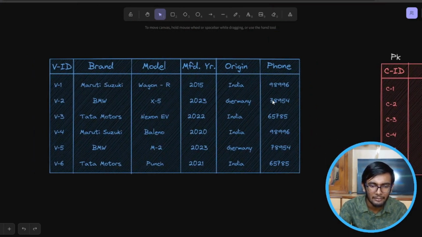If we say that Maruti Suzuki has the model Wagon-R, and no other brand can have the same model Wagon-R, this is a kind of one-to-one relationship. But do we actually need to separate both of these? No, right? So what we essentially do in one-to-one relationship is we don't separate them into other tables or objects. Instead, we just create a field in the same table and place them right there.